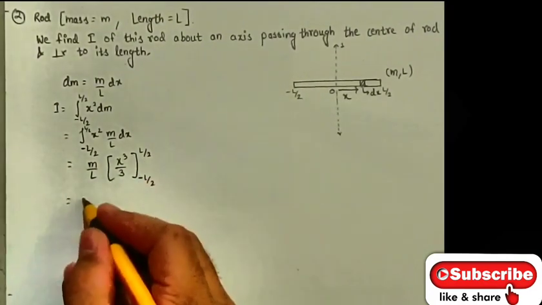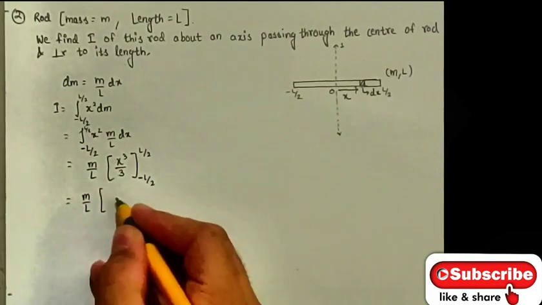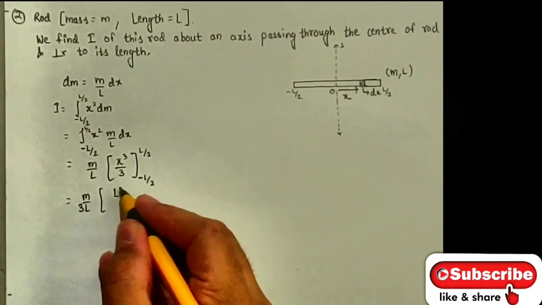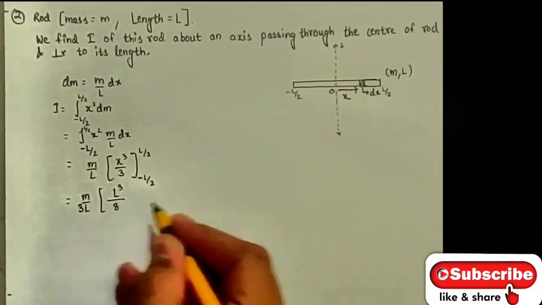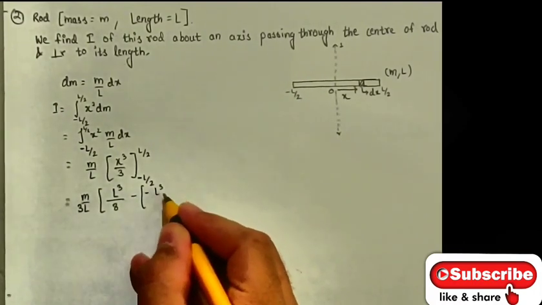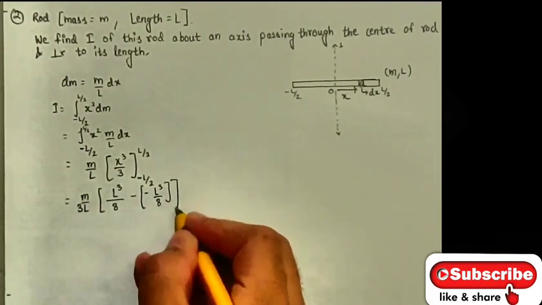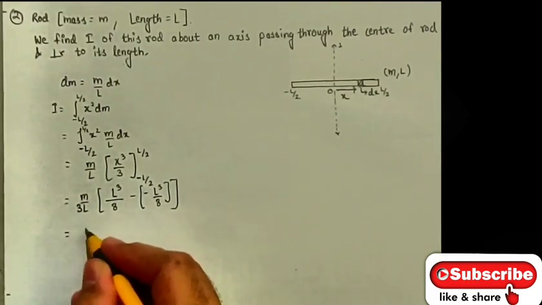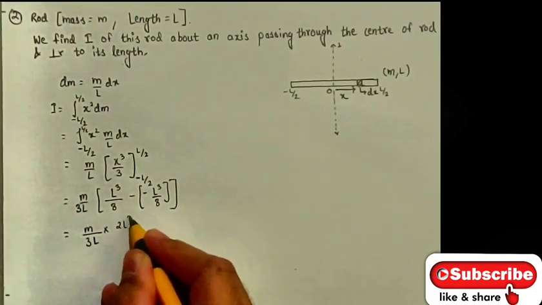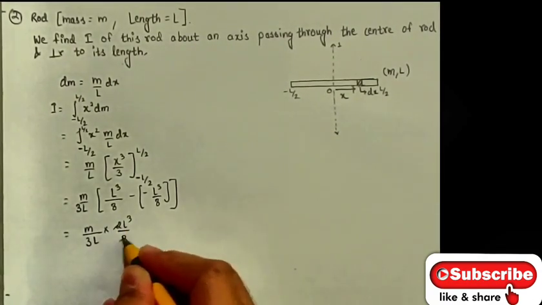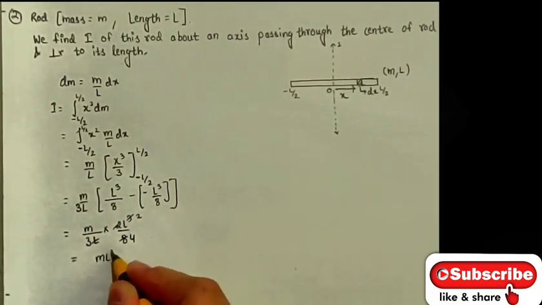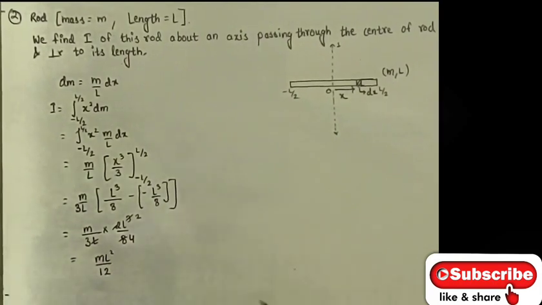We put the value: m by 3L, L cube by 8 minus minus L cube by 8. This will give us m by 3L into 2L cube by 8, which is 4. On simplifying we get m L square by 12 as our answer.